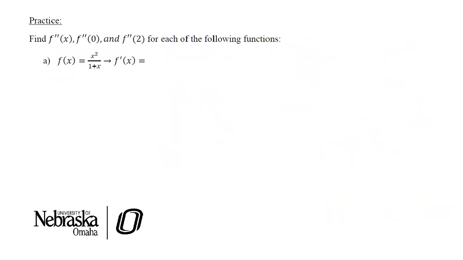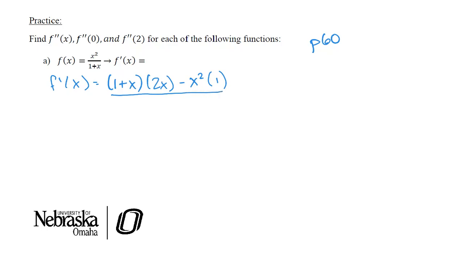Okay, our next example, we are on page 60 of our course notes. It says find the second derivative at 0, and the second derivative at 2. Okay, so we're not asked to find too many things, just to plug in these values. So when we find the derivative of this, we have a quotient, so we would take the bottom term times the derivative of the numerator minus the numerator times the derivative of the denominator, which is just 1, divided by the denominator squared.